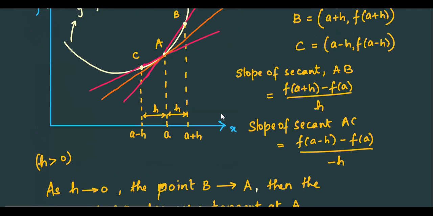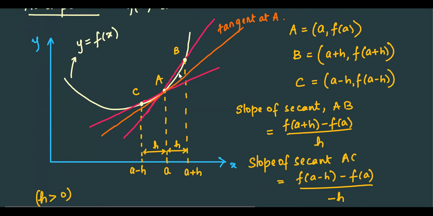When you look at secant AB as h tends to 0, this AB should merge with this line, and the secant AC also should merge with this line.